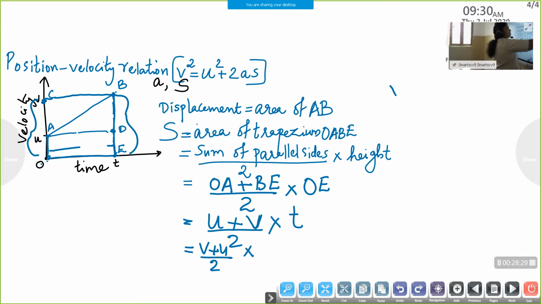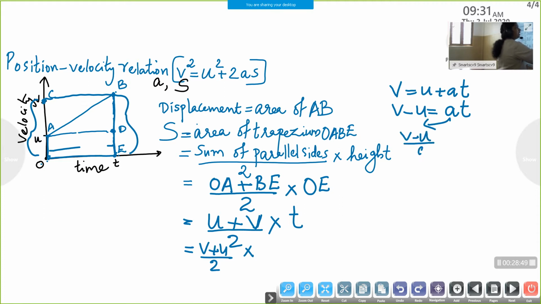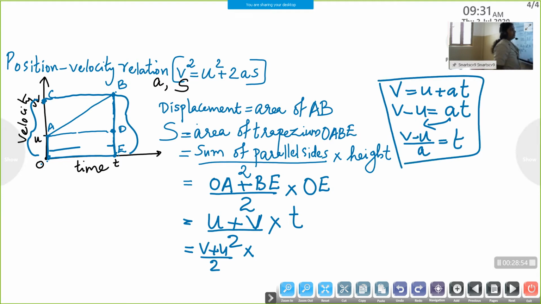From the first equation of motion, v is equal to u plus at. Taking u to this side, v minus u is equal to at, and we want t, so I am taking a to the opposite side: v minus u by a is equal to t. So we have t equal to v minus u by a, and I am going to substitute this.